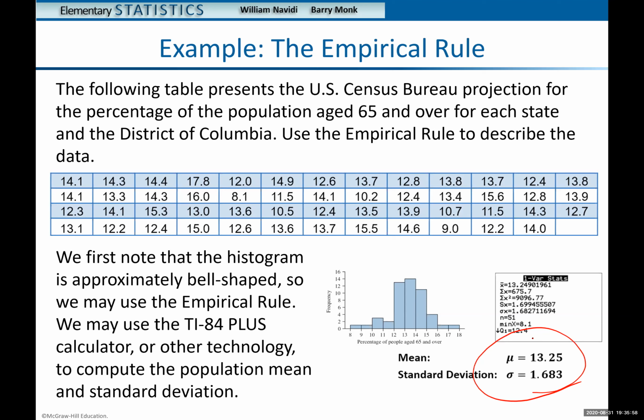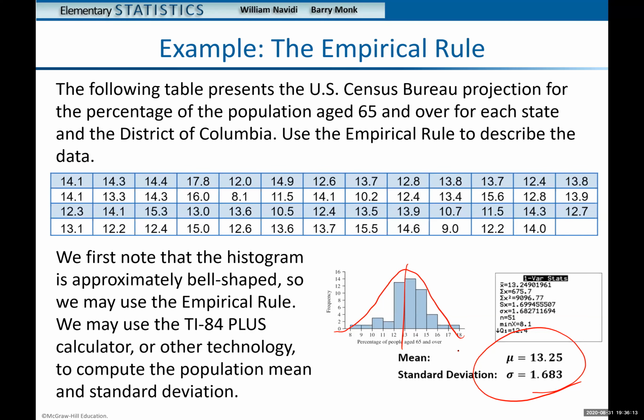That's the first thing you're going to do. So what is the mean, so that you know the center of your data? This is the histogram. The center is the mean, which is 13.25. Standard deviation is 1.683.